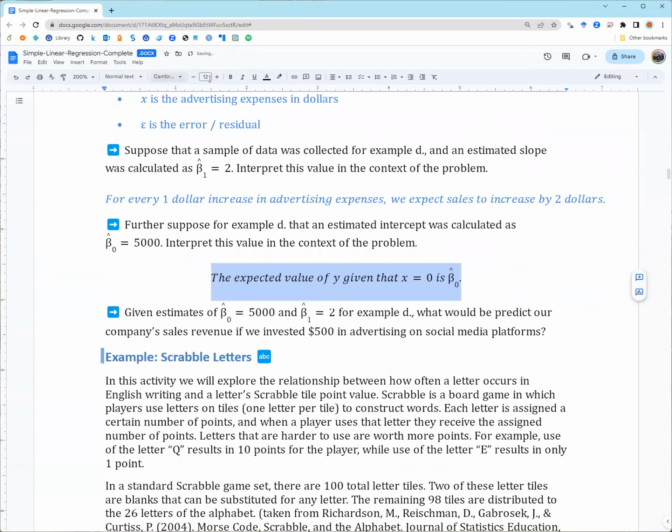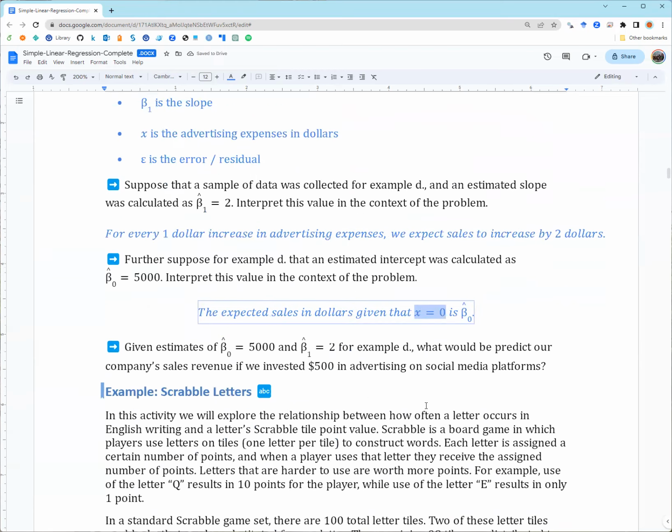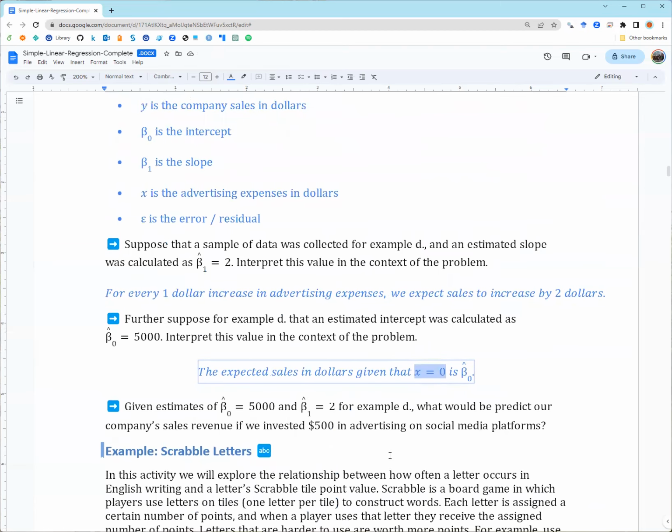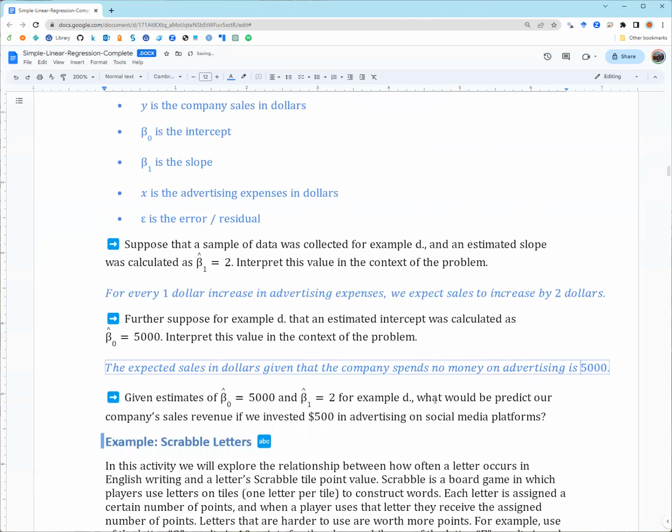We say the expected sales in dollars, given that X is 0, so given that the company spends no money on advertising, so our advertising expenses are 0, is $5,000.